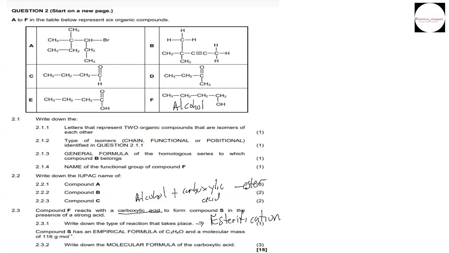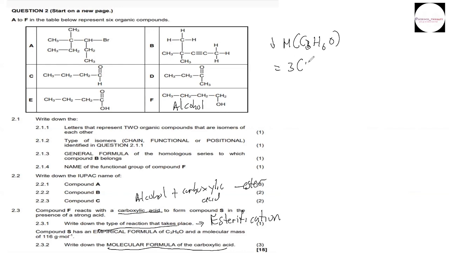So esterification. Then compound S has an empirical formula of C3H6O and a molecular mass of 116 grams per mole. Write down the molecular formula of the carboxylic acid. At this point, you can see that they've already given you the empirical formula. So all you need to do is calculate the molar mass of the empirical formula, which is C3H6O.